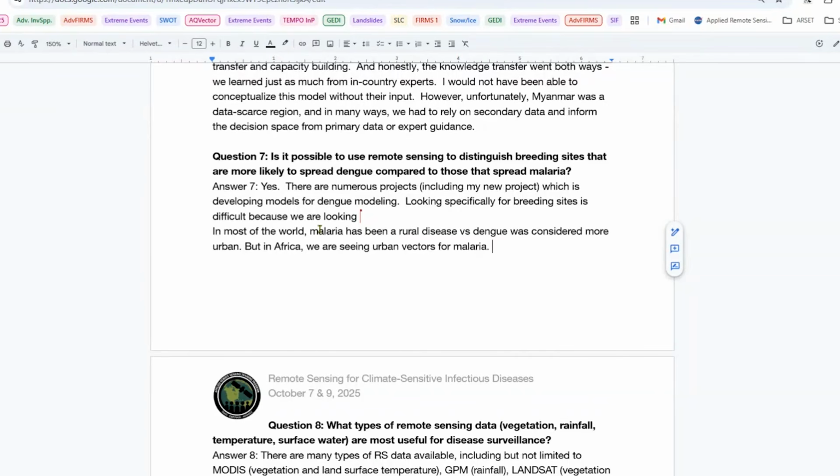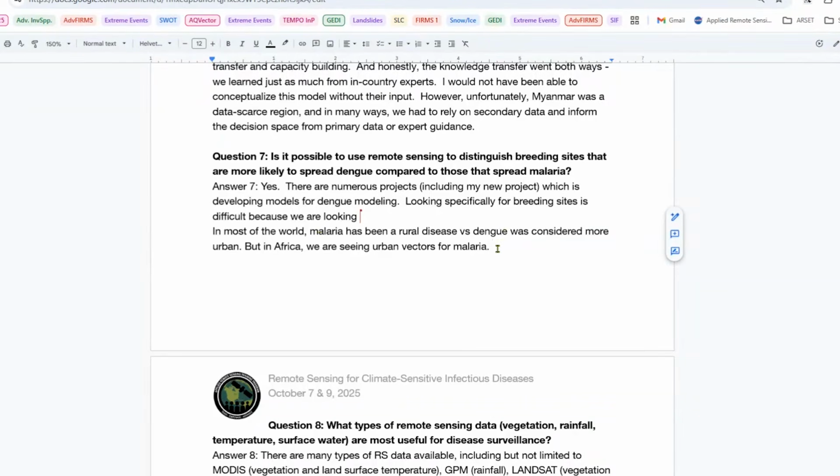I have talked to several colleagues who are actually engaged in dengue forecasting and trying to understand how to do this. And we're coming to a consensus that we will probably need to engage some drone flights in very dense urban areas to really understand at the very small scale where the water is collecting and where the breeding sites for urban mosquitoes are likely to be.